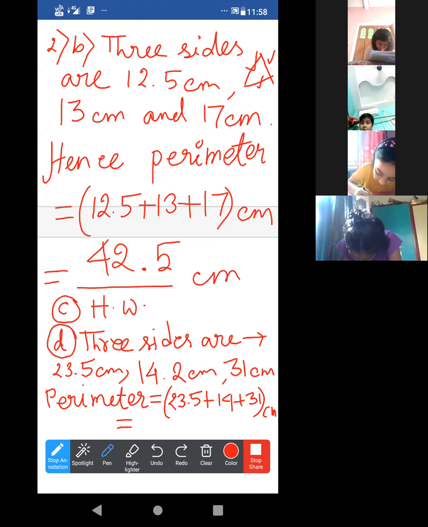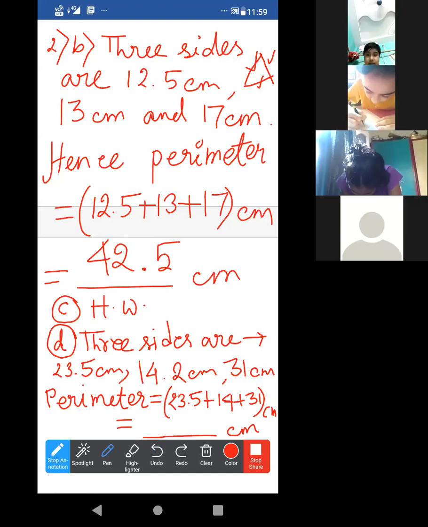Is equal to, tell me the answer. Do it yourself. 14 plus 31 plus 23.5.